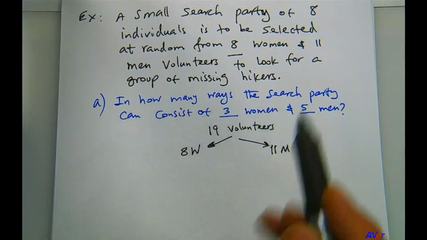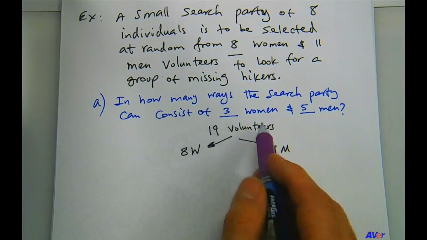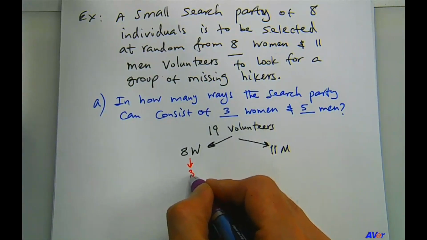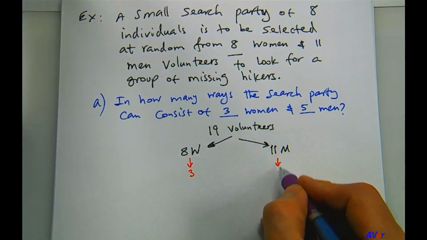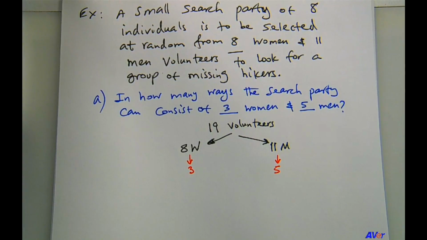In how many ways can the search party consist of 3 women and 5 men? You've got to be thinking about whether order matters in this case or not. Right away you can tell order does not matter. It's just the same search party.